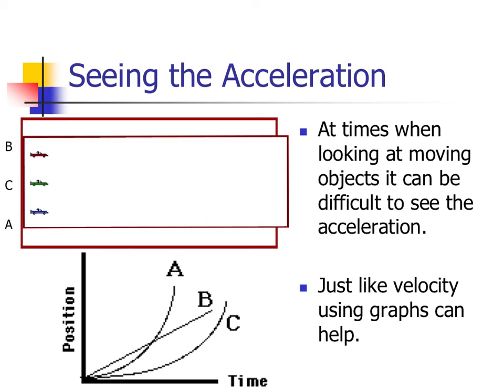So as this plays out over and over again, we can see object B probably has a nice constant, or at least an initial, a little bit more.